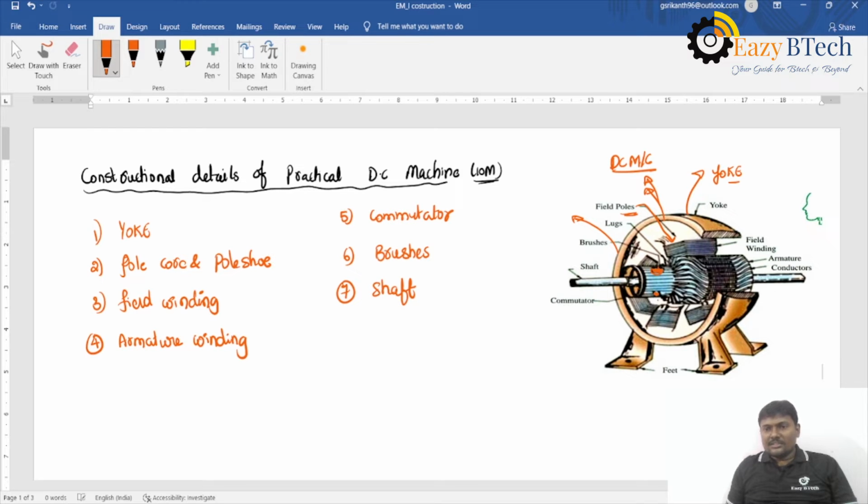The small parts are called the brushes. This part is called the shaft. And this part is the commutator.